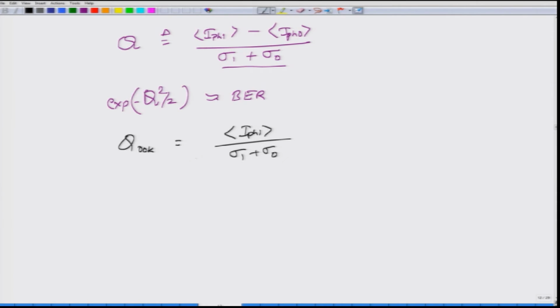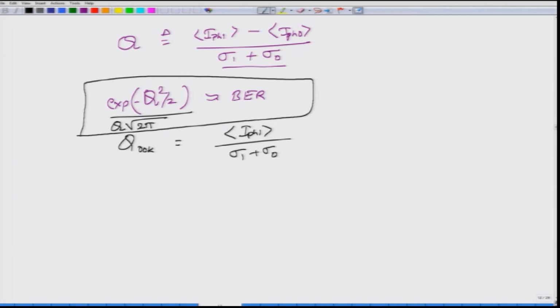Okay. So, this is what the on-off keying Q factor would look like, and the relationship between the BER and this fellow is roughly that exponential of minus Q square by 2 divided by square root of 2 pi into Q is the bit error rate. Okay. So, you can convert from the Q factor to BER.